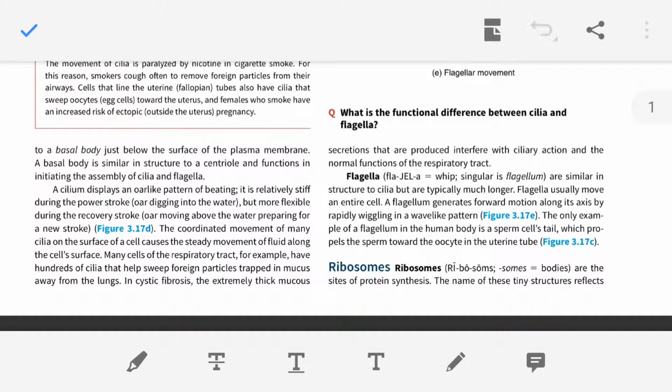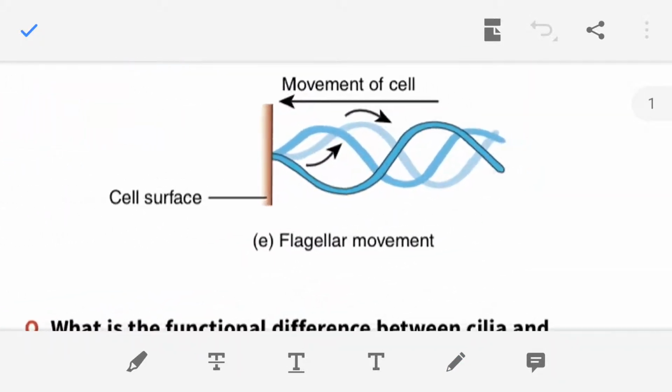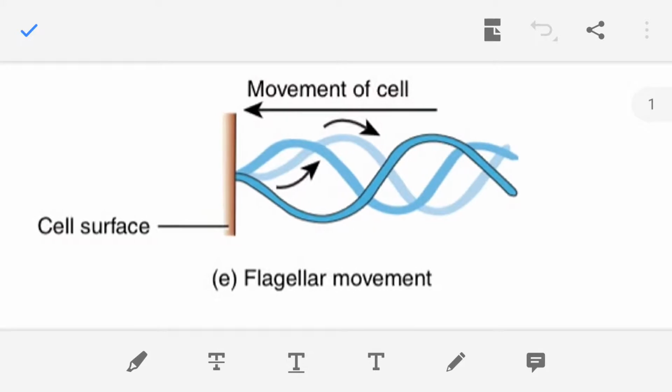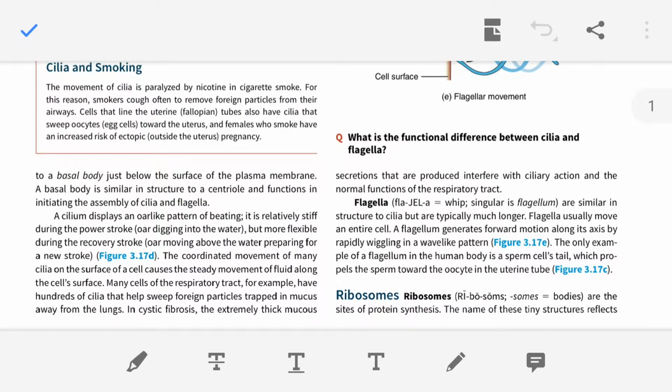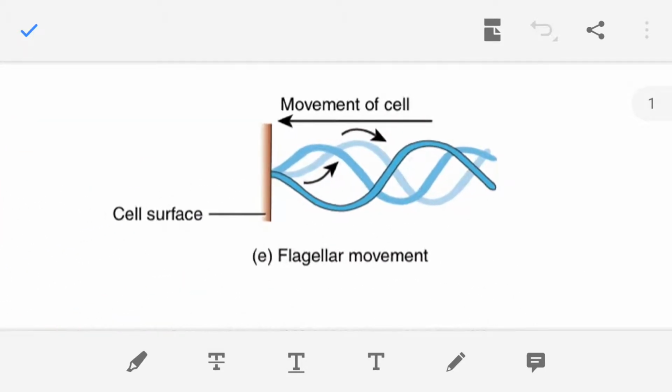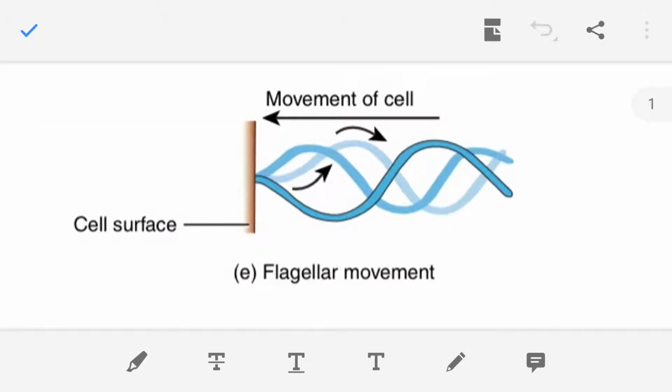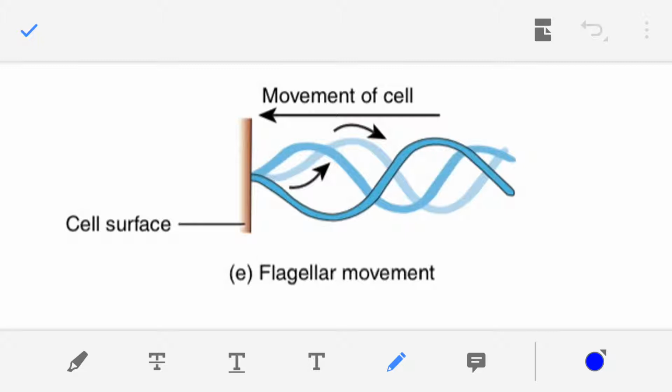So in the figure, let me show you this. See, this is very rapid movement, and as you can see, it is wiggling wave-like. Very rapidly going up and down in a wave pattern.